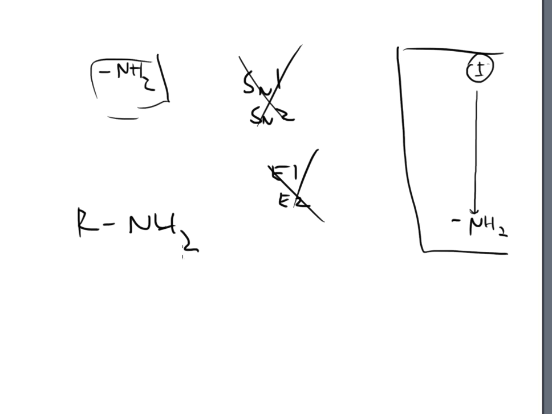Whenever amines come around, the amines have pKa's of about 36 to 40. They are extremely high. What this means is that the amine group is very, very basic. And very basic means very attractive. Very basic typically means very good nucleophile.